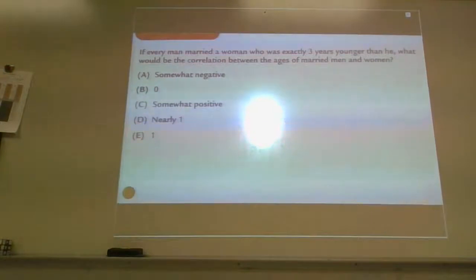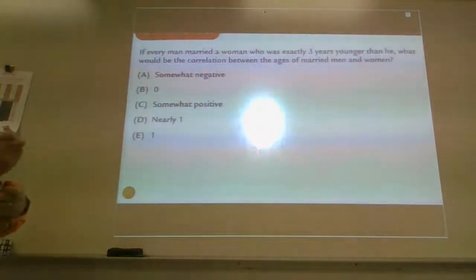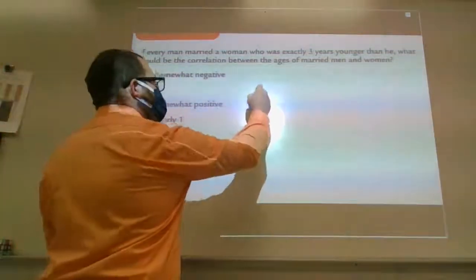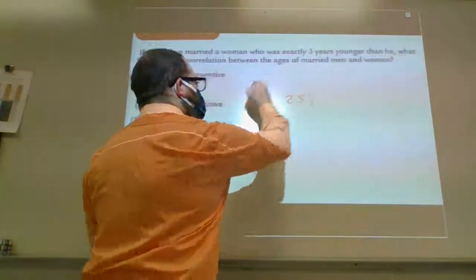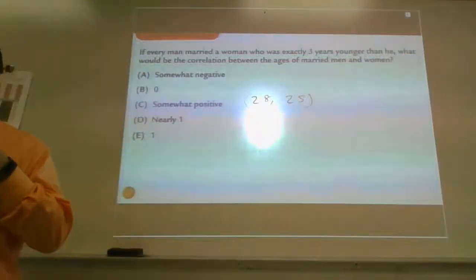Now, here's the interesting thing. If every man married a woman who was exactly 3 years younger than he, what's the typical age to get married for a guy? Dan? 28, sure. If the guy's 28, can we agree the woman's got to be 25 according to this?